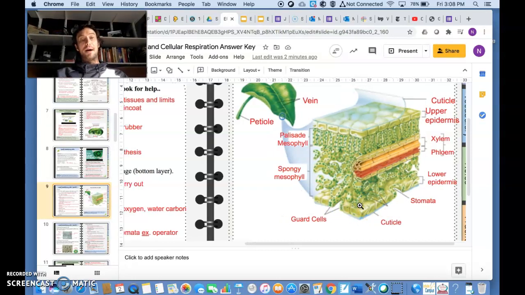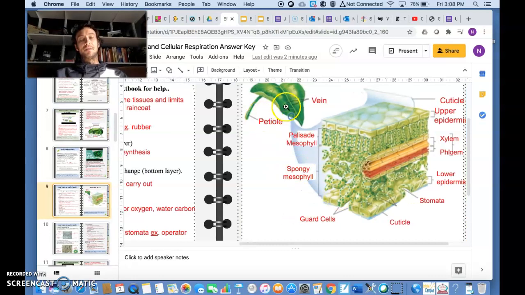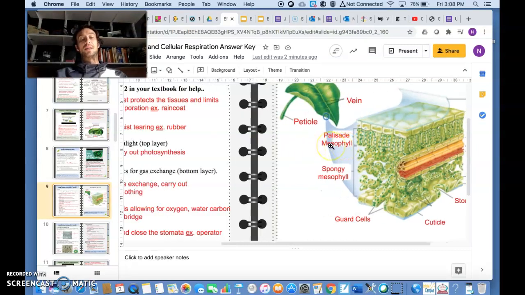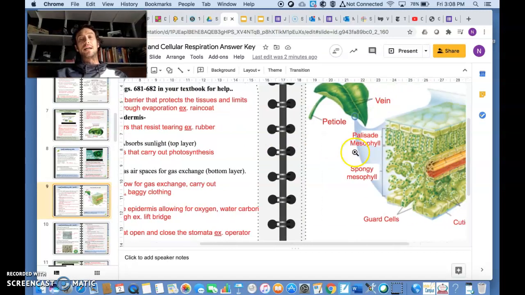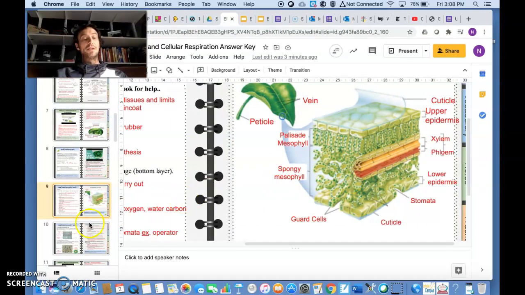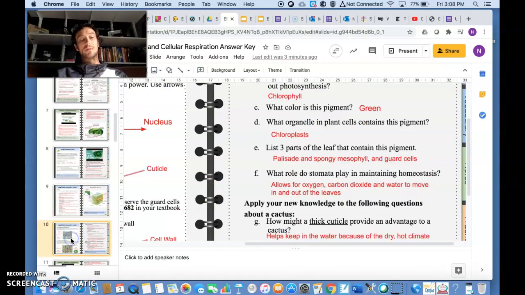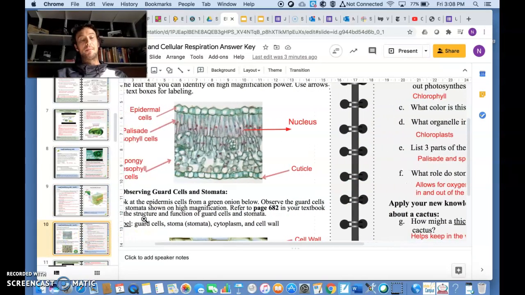So believe it or not, on the bottom side of leaves are little mouths that open and close. Those allow air in, they allow water vapor out at times. So they really regulate what's going on, specifically in the spongy mesophyll. They allow air in there or they allow air out, depending on what needs to happen.